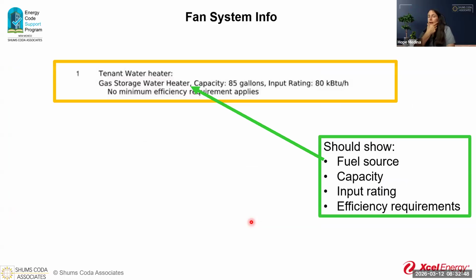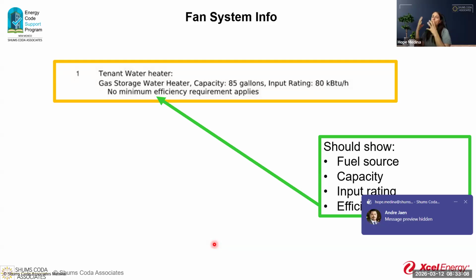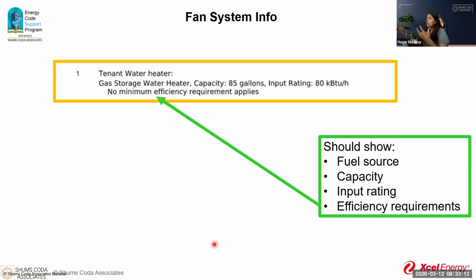All right. Like I said, here's all the information that it gives us. Here's our fuel source. Here's our capacity. Here's our input rating. And here's our efficiency requirements. So this was a quick overview of how to read a mechanical COMcheck.